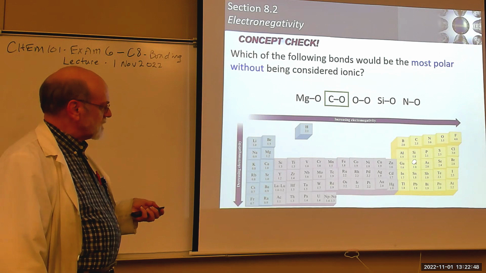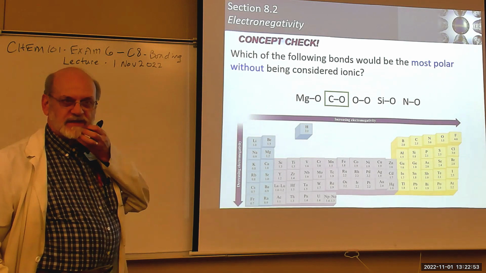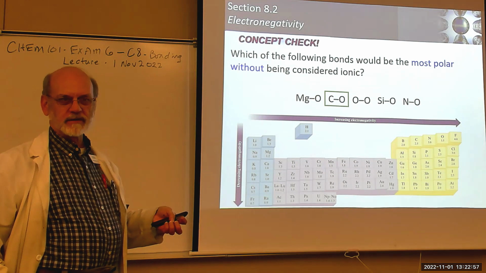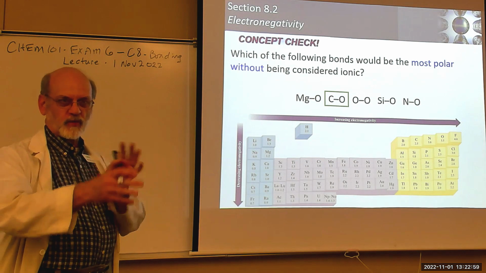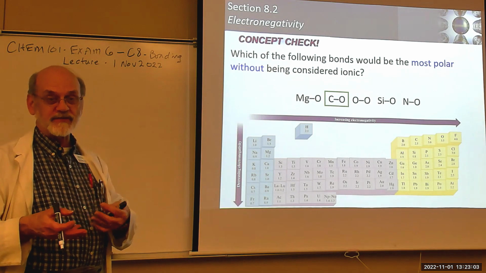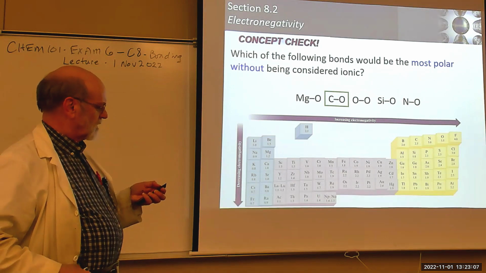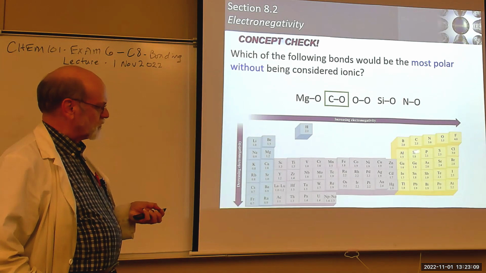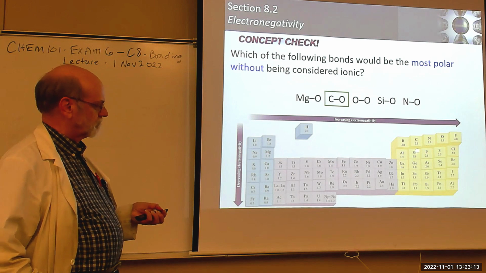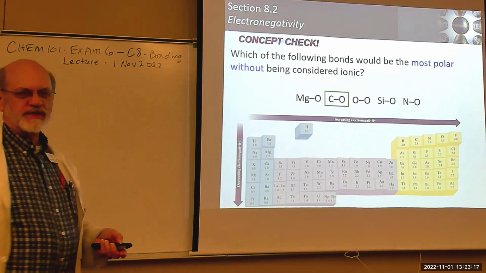Notice that the difference between silicon and oxygen is 1.7. What was our breaking line? 1.4 to 1.5. So it's greater than 1.5, so it would be considered ionic. The problem is that these are both non-metals, so there would be some controversy.